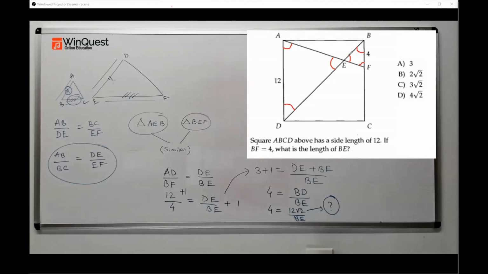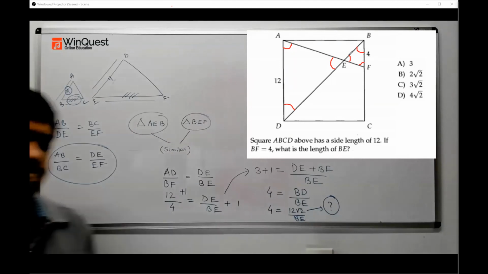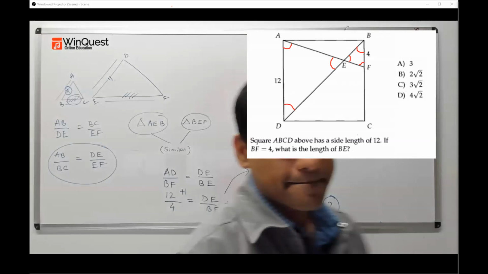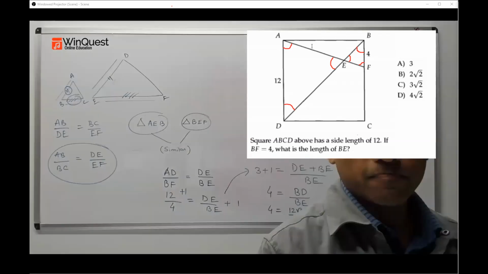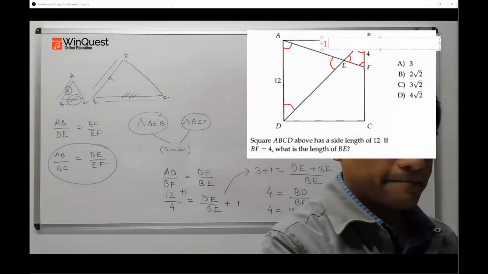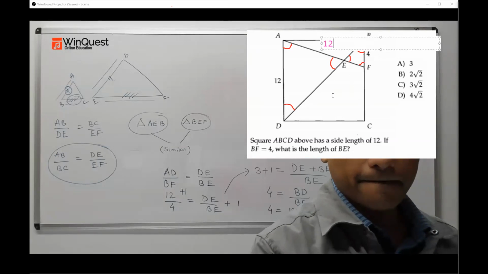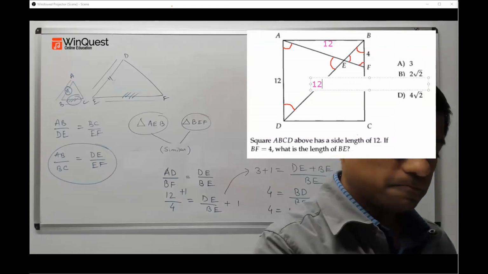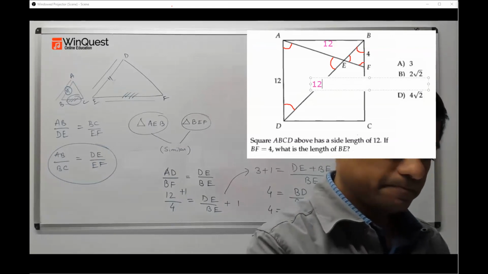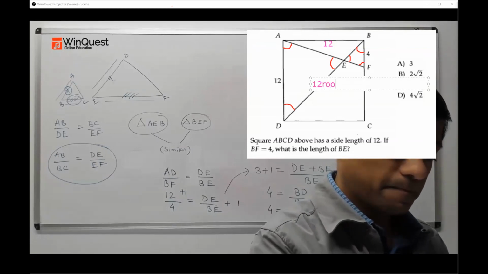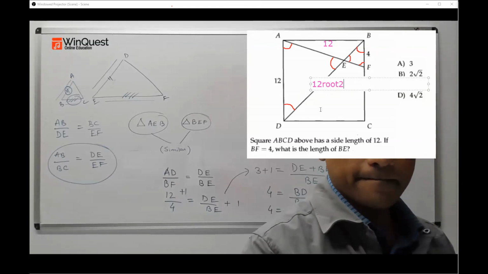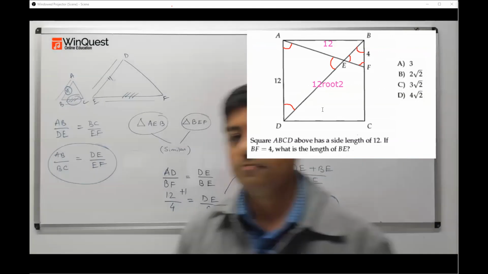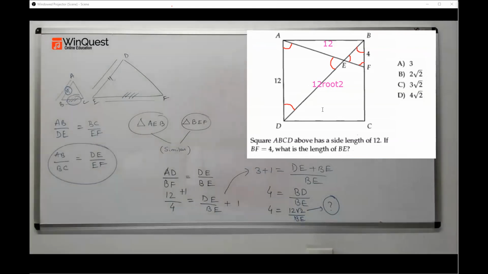And because it's a square, you know that AB, which is the other side, is also 12. And so you can find the hypotenuse by doing 12 squared plus 12 squared equals the hypotenuse squared. And then you would square root that on both sides. So I believe you would get the square root of 288. If you did that, and then simplified that, you would get 12 root 2. How many of you got that?